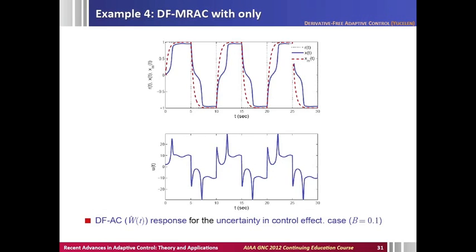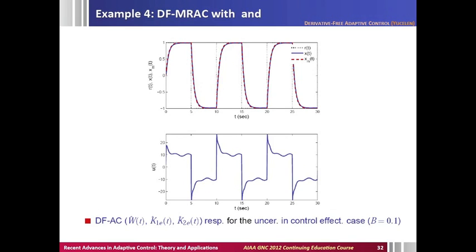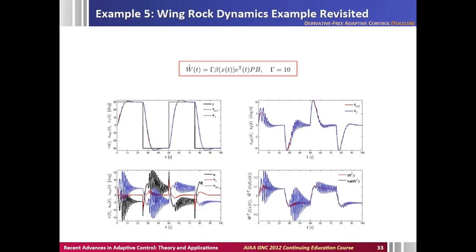So if, in addition to this one weight update law, we turn on the other two laws, or if we use this law, basically we have a much better performance. So this is the importance of including the other weight update laws, or using this law, if we have uncertainty in the control effectiveness matrix.